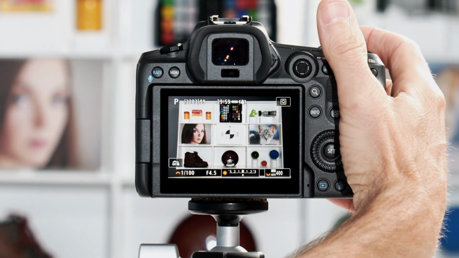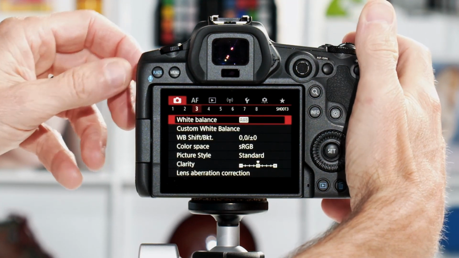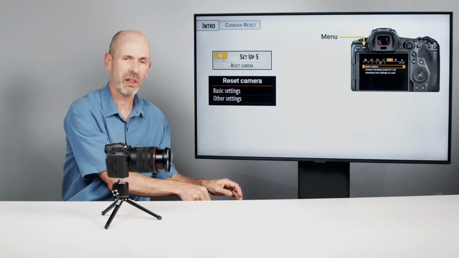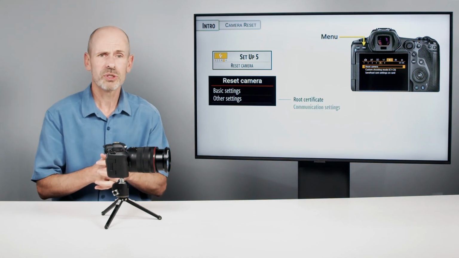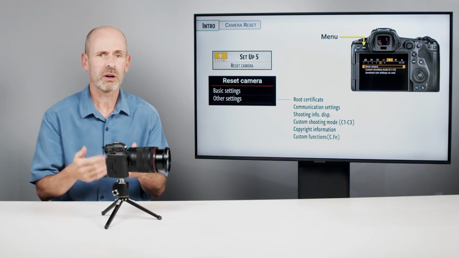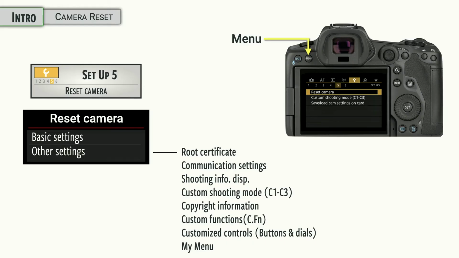So this is about as close to the factory reset as you can get now. I haven't had to reset the date or the language, luckily, so it's not that deep of a reset. As you go through these other settings, you'll see that there are a number of other options in there that you can reset as necessary.